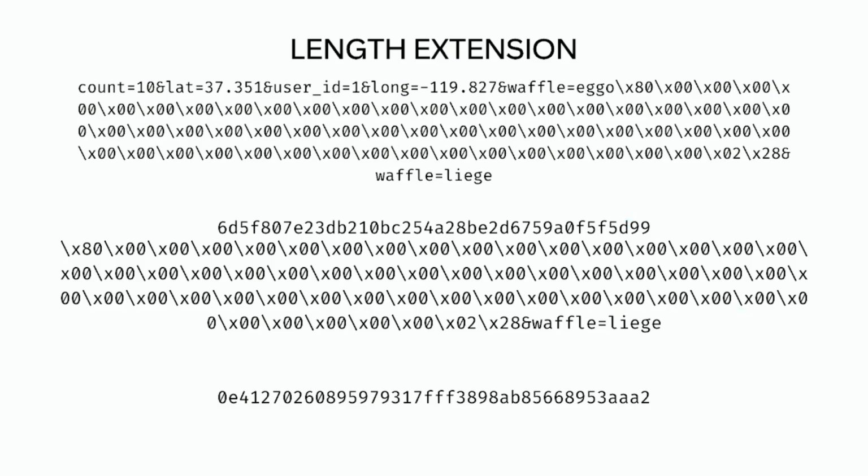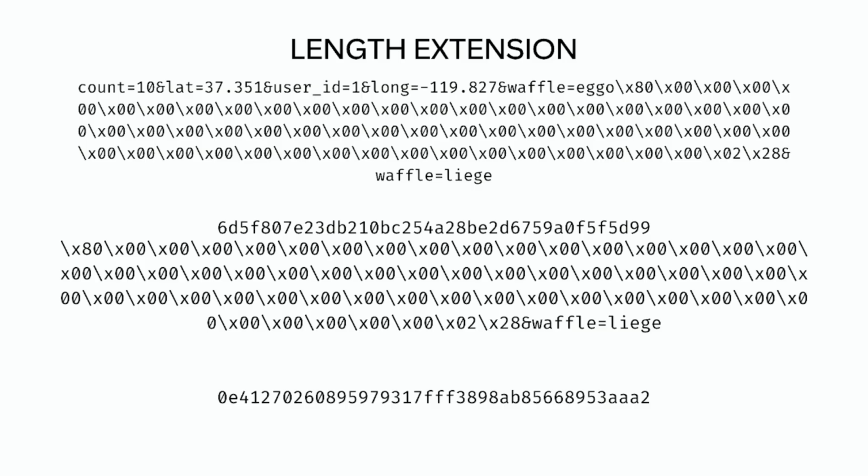What someone can do to attack this is add a bunch of padding, and then waffle equals liege overrides waffle equals ego, so it changes the waffle order to a different brand. And all they need to do is, SHA as an algorithm, I love hash algorithms, does that math, and to get the output out, there's an internal state, and they just pull that state out, and that's the output.